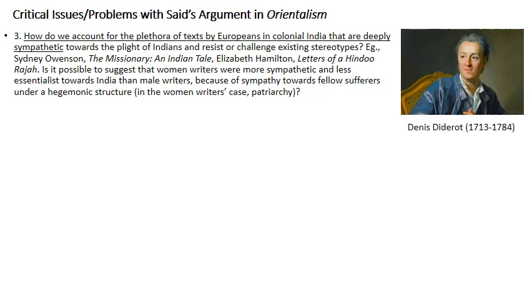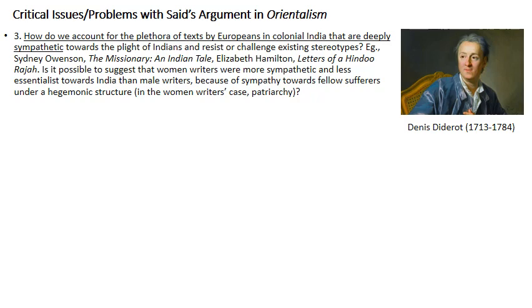And the best example to show you that this is a mistake is to look at the Enlightenment philosophers, French philosophers, British philosophers as well, several writers during the 18th century who were in fact not stereotyping the East, who were at least not negatively stereotyping the East, who were not in fact supportive of imperialism.